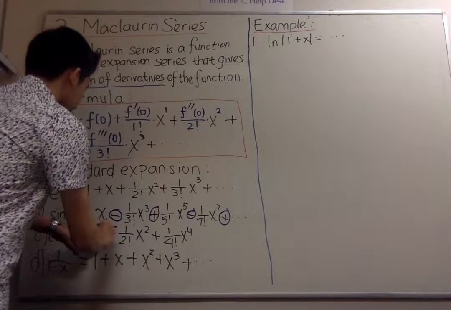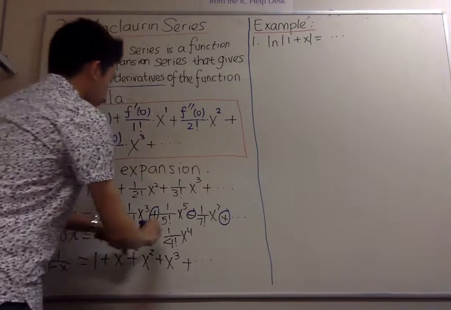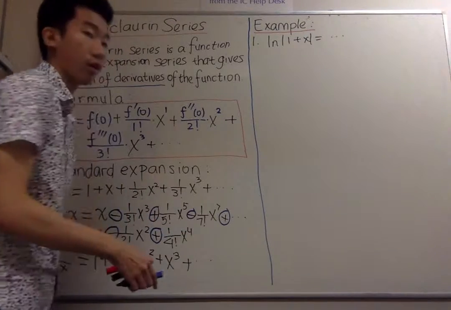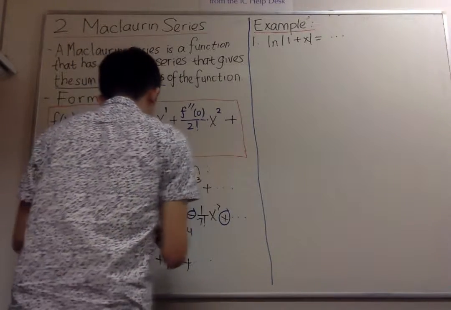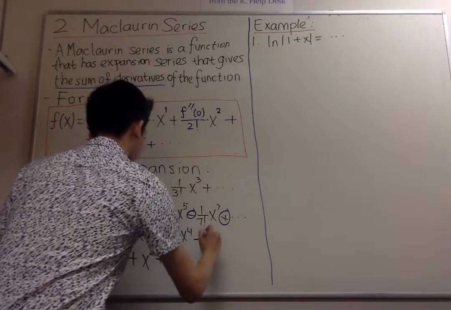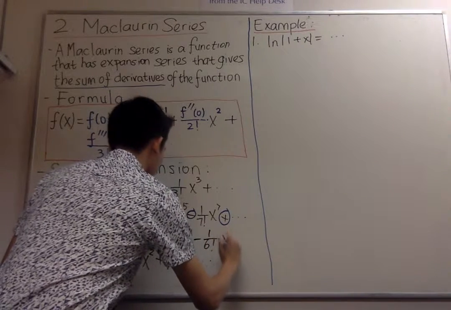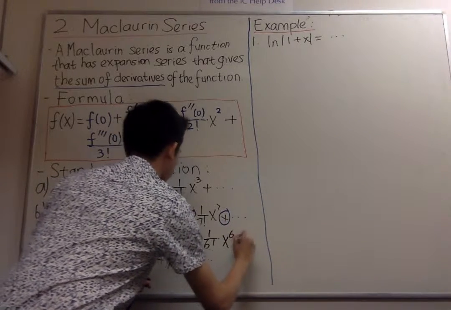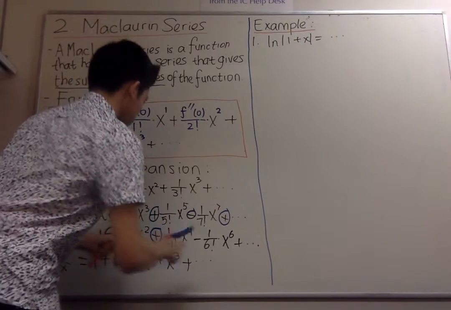And cosine x is the same: 1 minus x squared over 2 factorial plus x to the power of 4 over 4 factorial, and I can continue, minus 1 over 6 factorial times x to the 6th power, and so on.